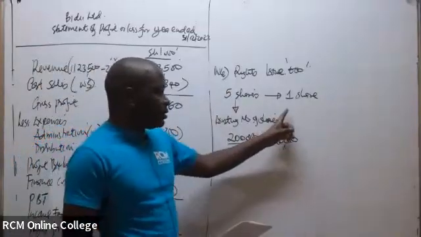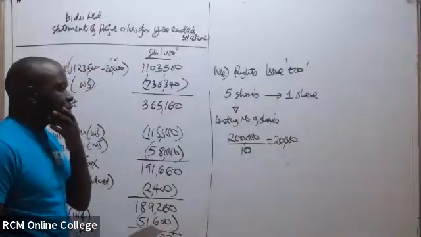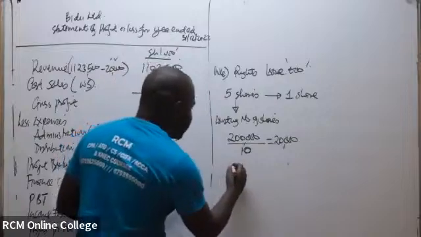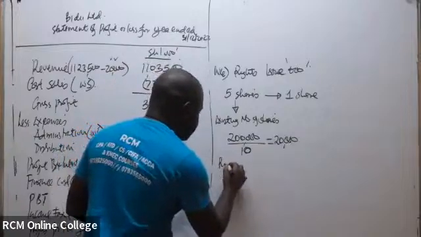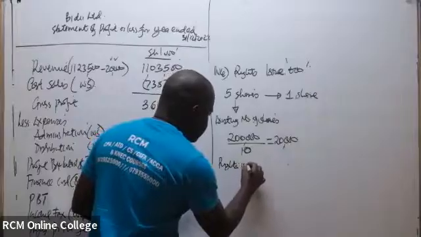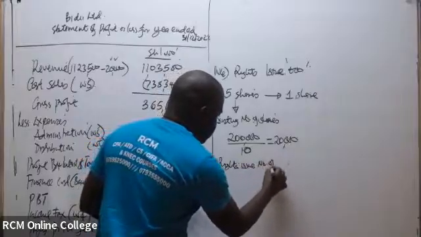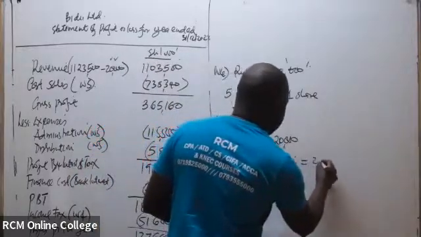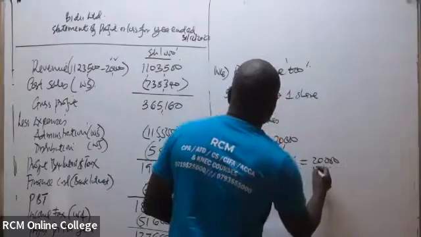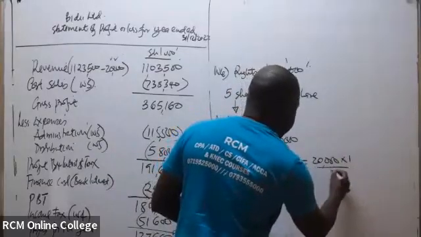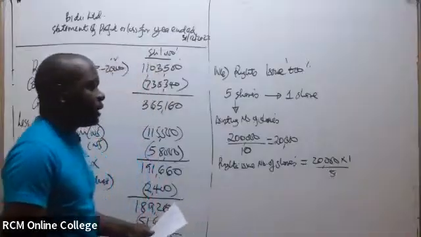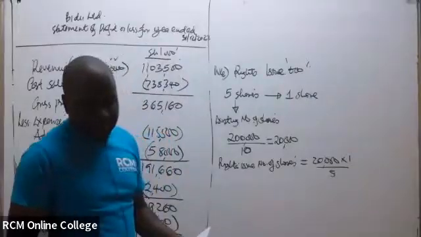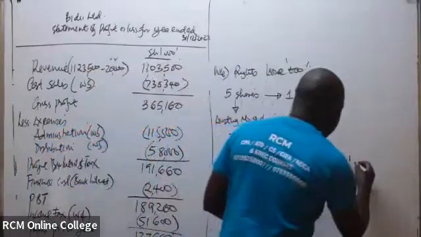To know how many shares were issued in terms of the rights issue, we take the rights issue number of shares, 20,000, multiply by 1, and divide by 5. It will give us 4 million.